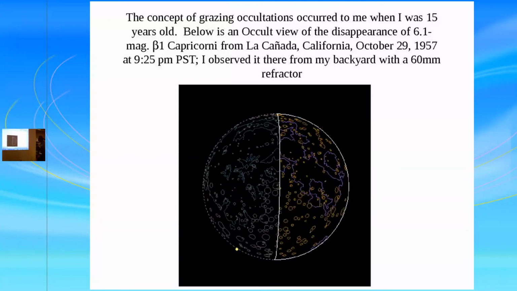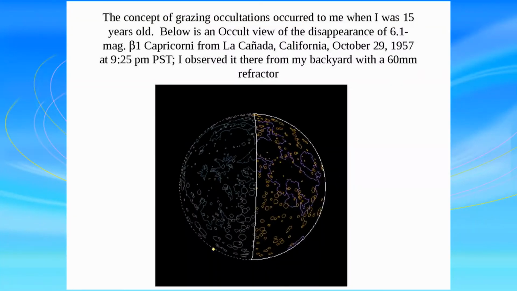But you just see the star, and then as soon as it disappears, you press a stopwatch, and often for the visual observations, you'll have a time signal, the WWV time signal. I'll talk about that later. To get an accurate time base is important.